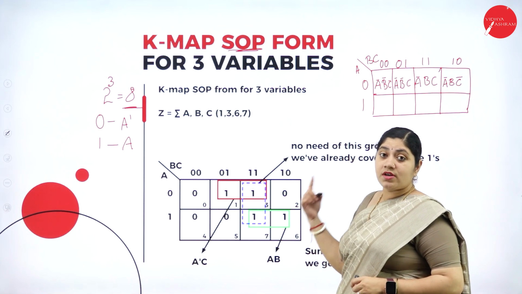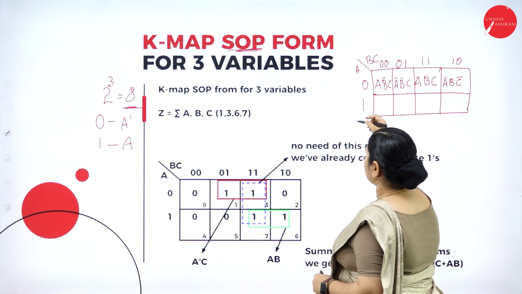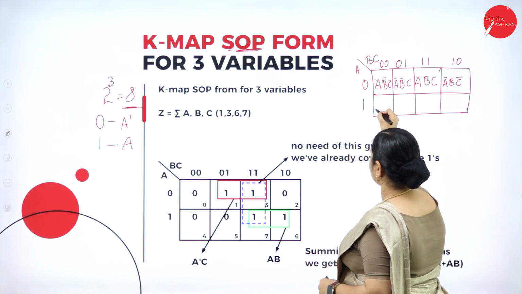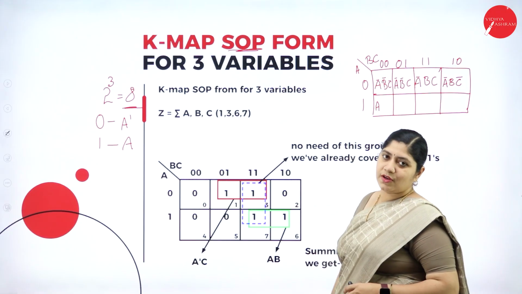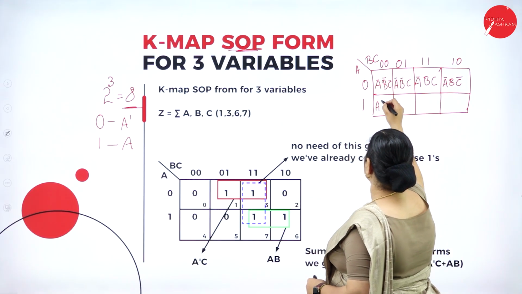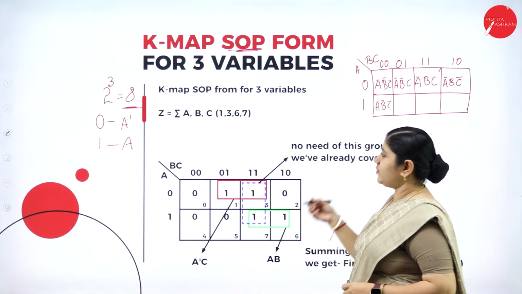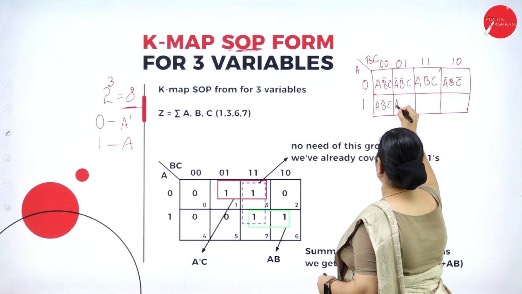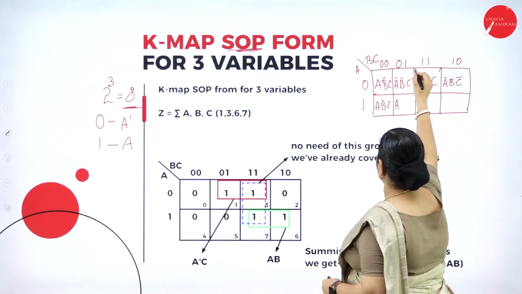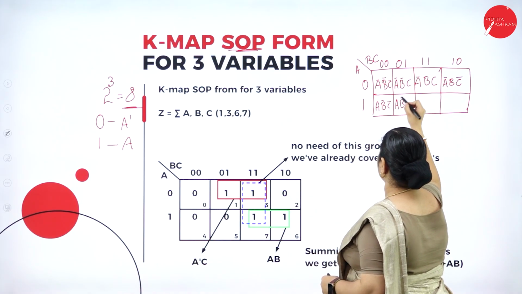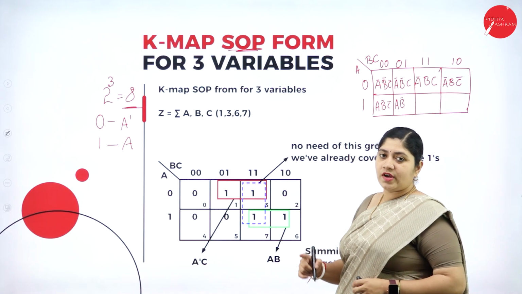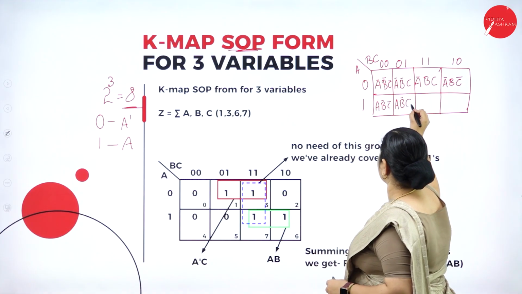Alright, so this is the general representation, followed by 1. As it is 1, what should we write? Directly the variable A, followed by 0, 0, so B bar, C bar. Done. Up next, as A is 1, we write A, and B is 0, so B bar, followed by C is 1, so we write C over here.